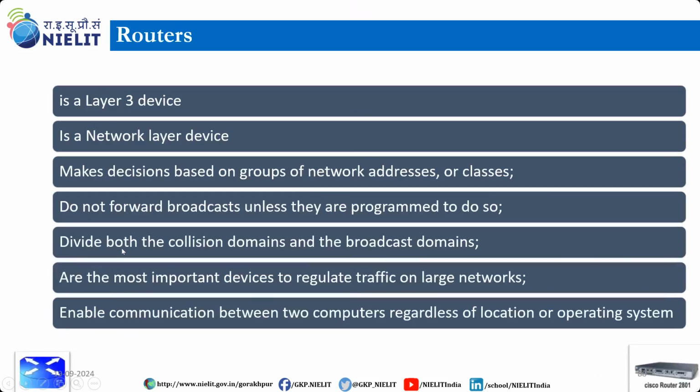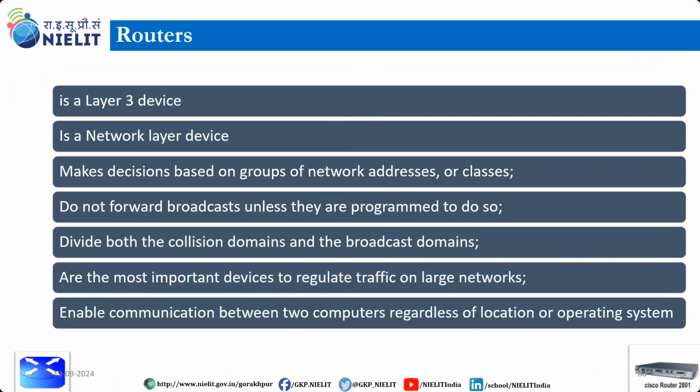Now coming to router. A router is known as a layer 3 device or simply a network layer device. Layer 3 means network layer. It makes decisions based on IP address, network address, and subnet. So a router makes decisions on the basis of source IP address and destination IP address.